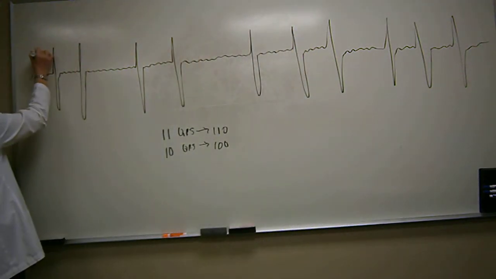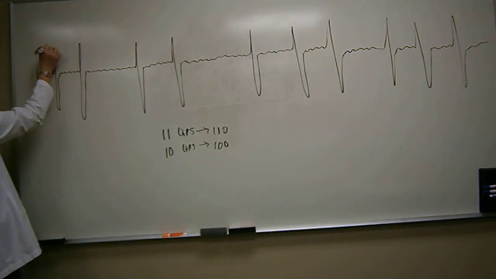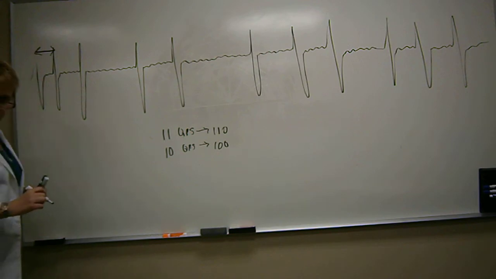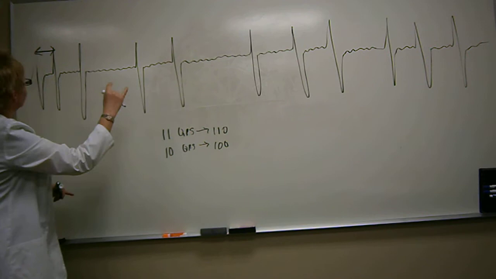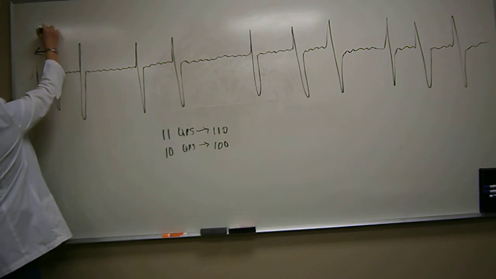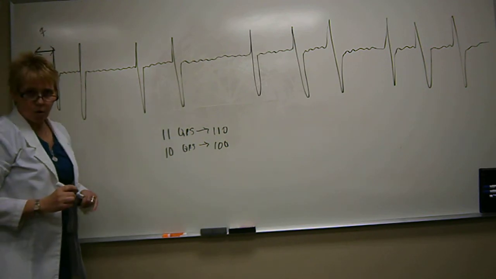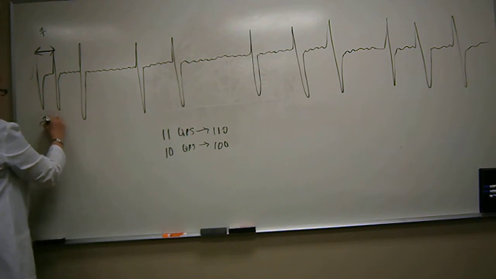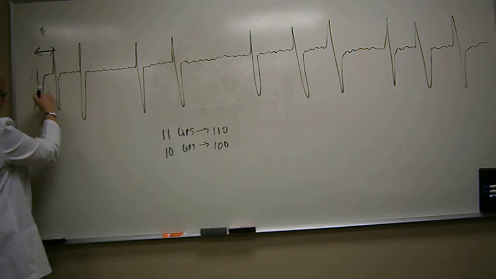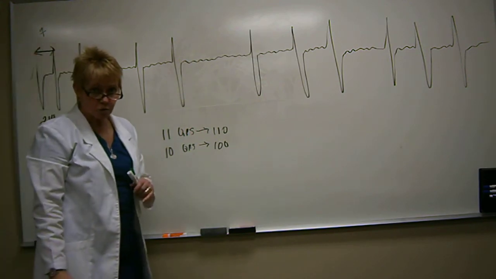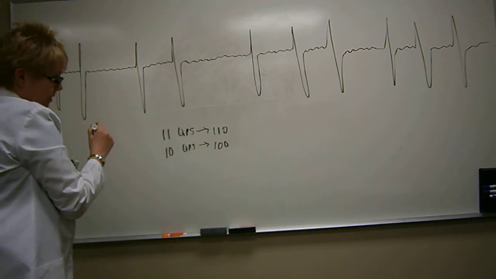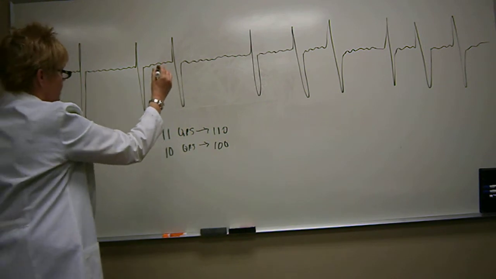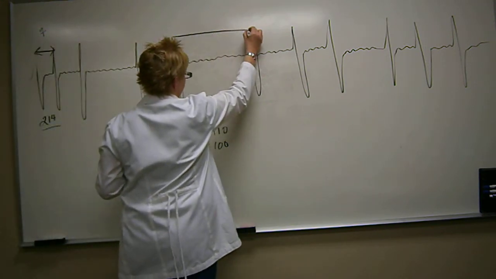And I will tell you, this one here is the narrowest R to R. So let's imagine we put our calipers on, we compare it to all of the others, and we say there are 7 boxes between that R to R. So this one beat is occurring at a rate of 214. Now I'm looking over, trying to calculate which one is my longest, and it looks like this one is it.